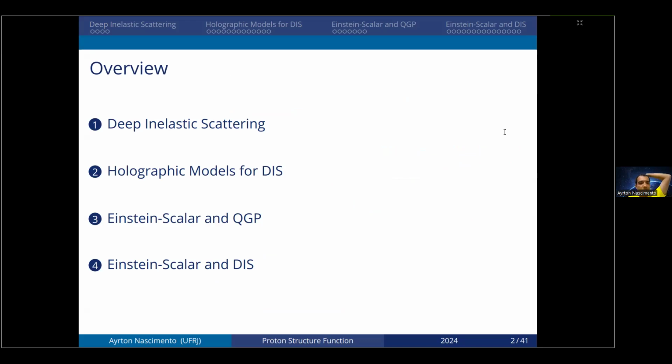And then I'm gonna tell about the specific model I used to describe this deep inelastic scattering, how it's related to the quark gluon plasma, because it's a model that is more used for this kind of stuff. And after that, I'm gonna tell you how I apply this model to the deep inelastic scattering problem I'm interested in.